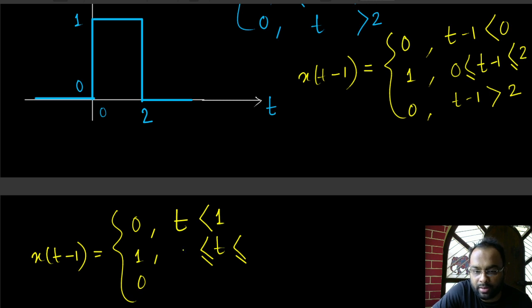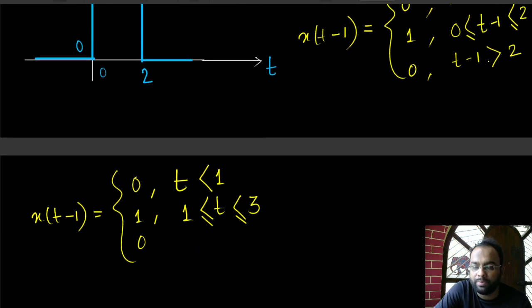So this becomes 1, this becomes 3. Understandably, if t minus 1 is between 0 and 2, then t will be between 1 and 3. And the last one becomes, by adding 1 to all the sides, t greater than 3, right?